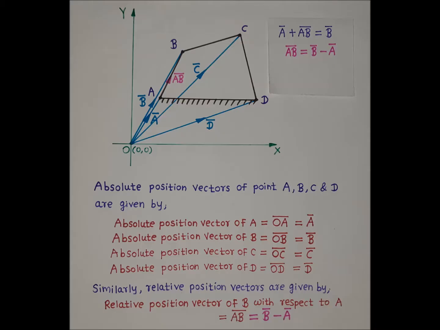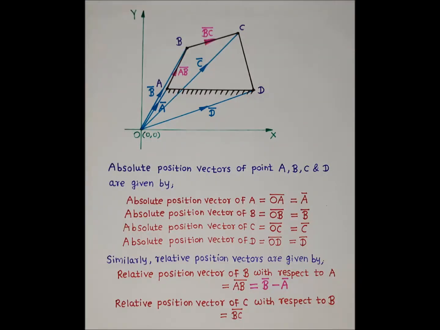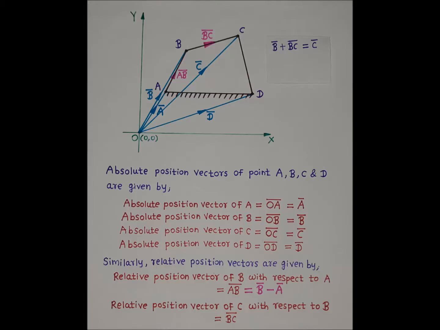Similarly, now we will go for relative position vector of C with respect to B. It will be vector BC bar and arrow will be directed towards C. Now how can we write any relation for BC bar? Again we can notice this diagram, and here again we can apply triangle law of vector addition, and we can write relation in this manner: B bar plus BC bar will be equal to C bar.